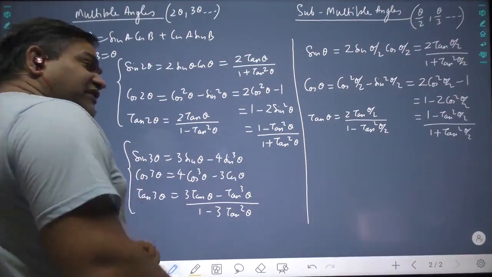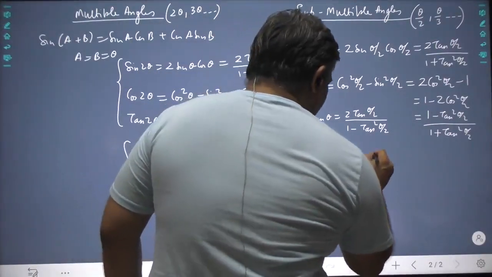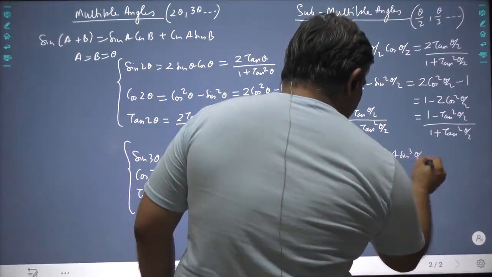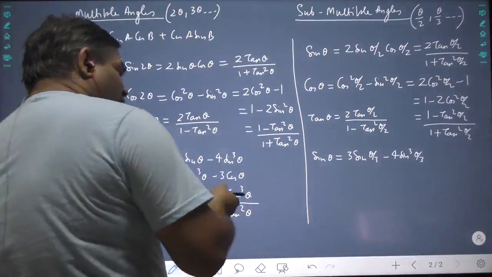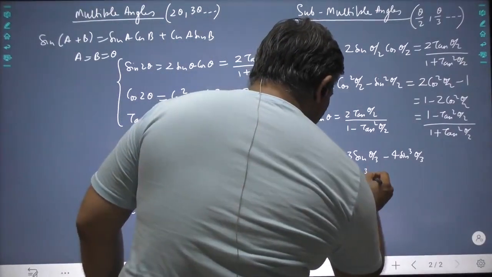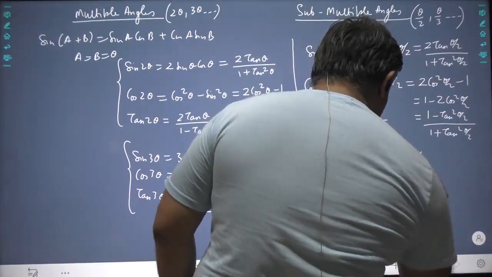Similarly, you can have 3 theta also. Please see, sin theta can be written down as 3 sin theta by 3 minus 4 sin cube theta by 3. Similarly, cos theta is 4 cos cube theta by 3 minus 3 cos theta by 3.